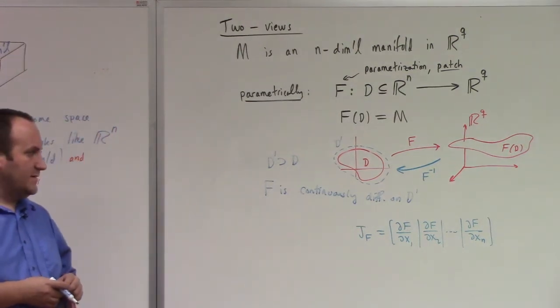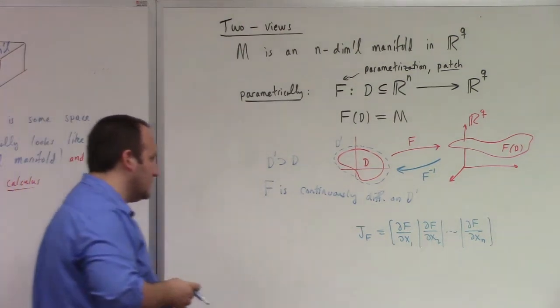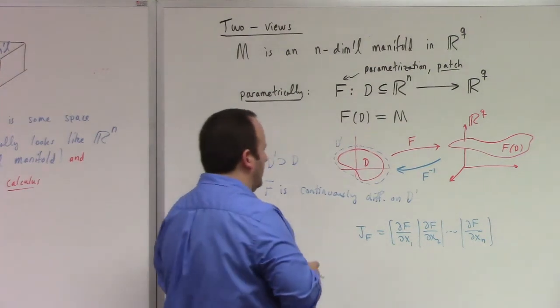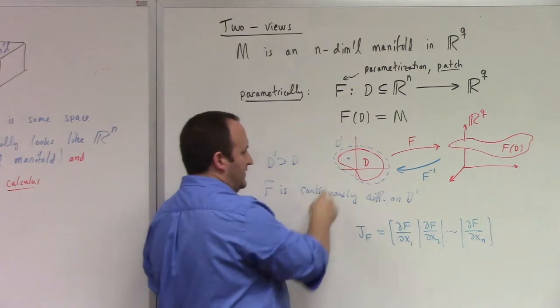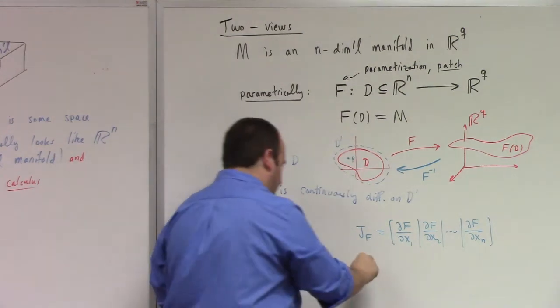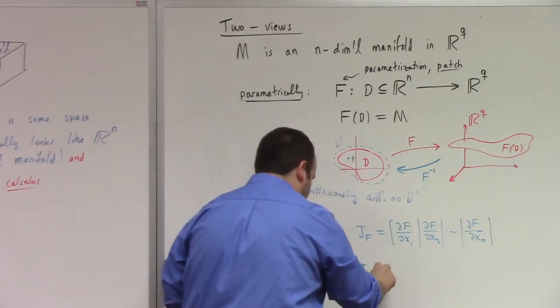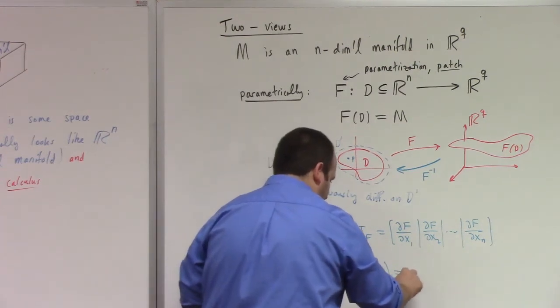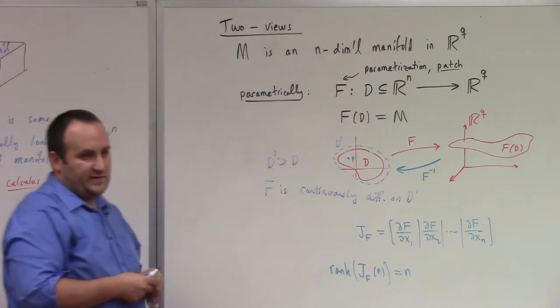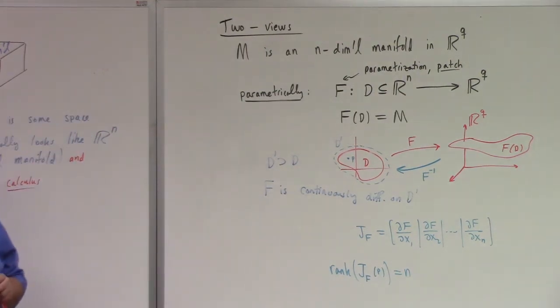Basically the theorem is that if you pick a point P, and the rank of the Jacobian of f at P is equal to n, then that proves that there exists a local inverse from the image of the map back to a neighborhood of that point. This is a not so slight generalization of the inverse function theorem.